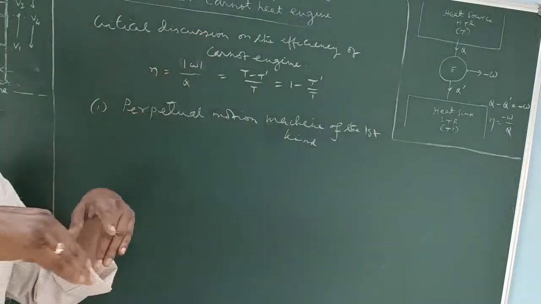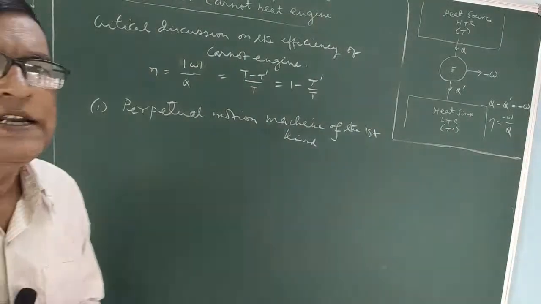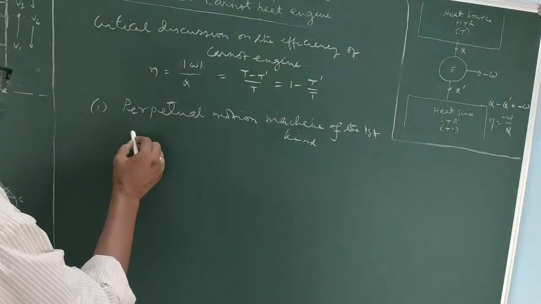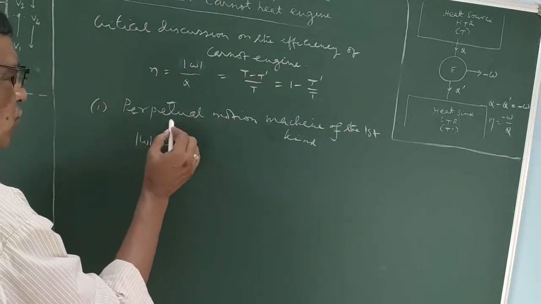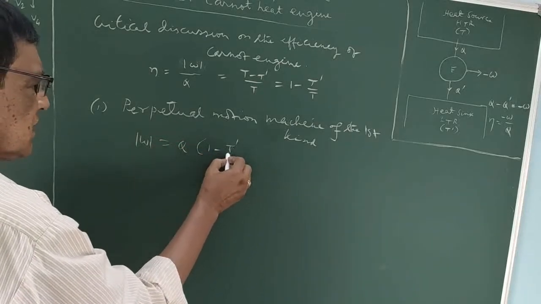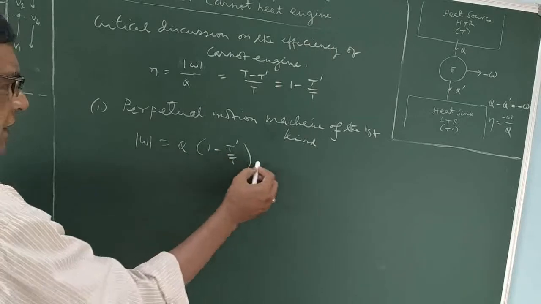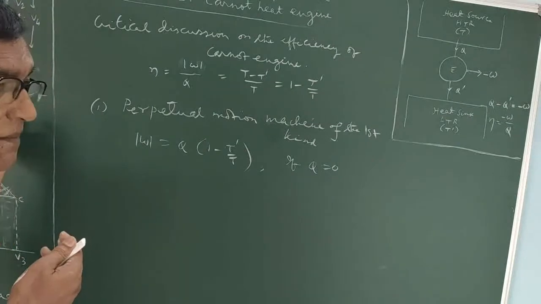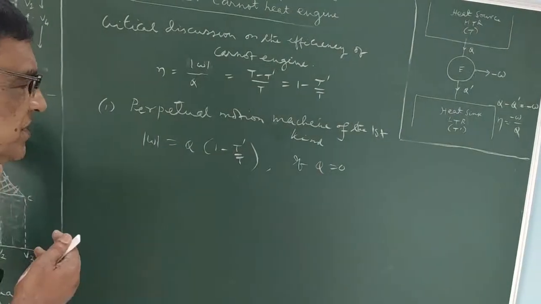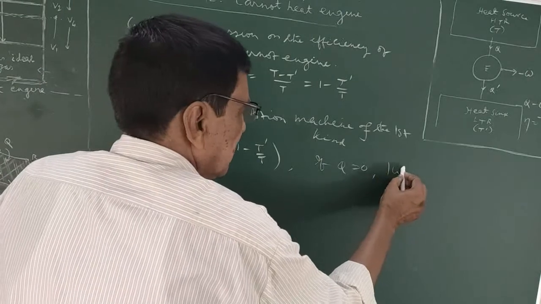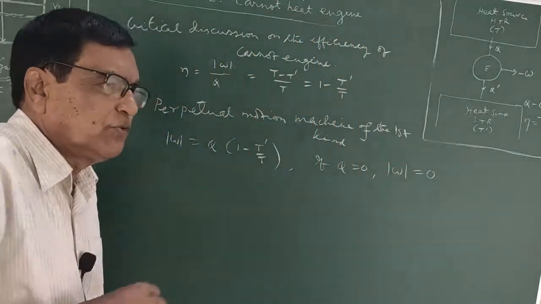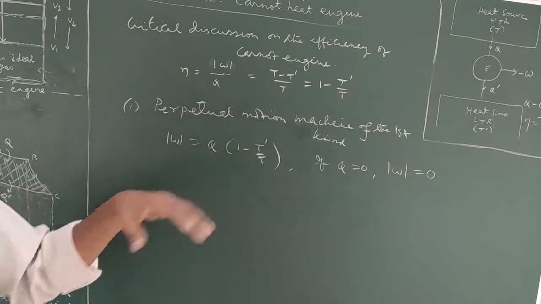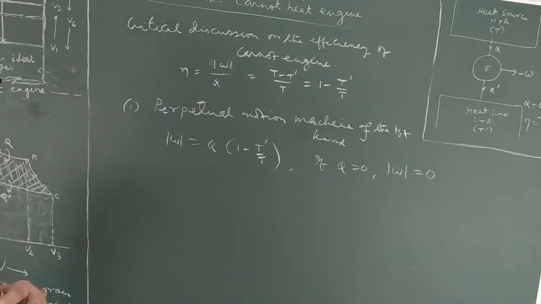From this expression, we can conclude it is not possible to construct such a machine. As you see, W equals Q into (1 minus T dash by T). But if Q equals 0, no heat is given to this engine, then automatically the work done by this engine is also equal to 0. Very easily you can show that a perpetual motion machine of the first kind is not possible to construct.